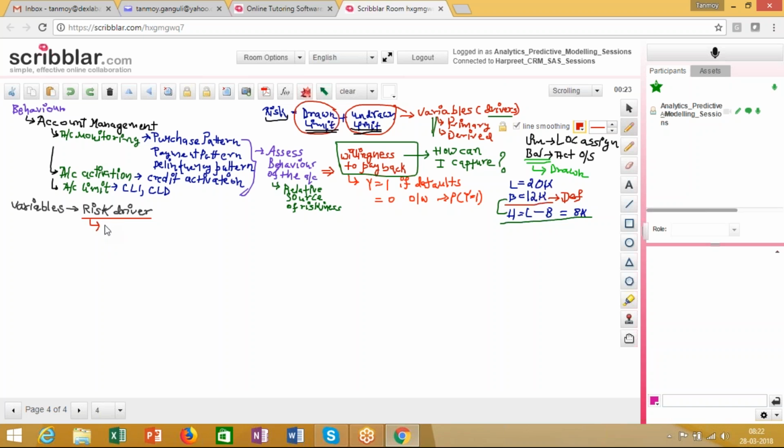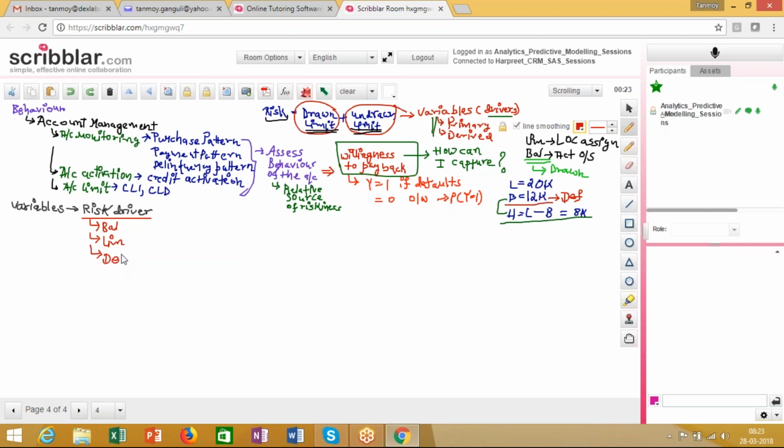Now let's see what the basic risk drivers are. Obviously, one very important variable for a credit card is the balance outstanding. Another variable is the limit. The third variable that becomes important, as we had discussed, is the delinquency variable.